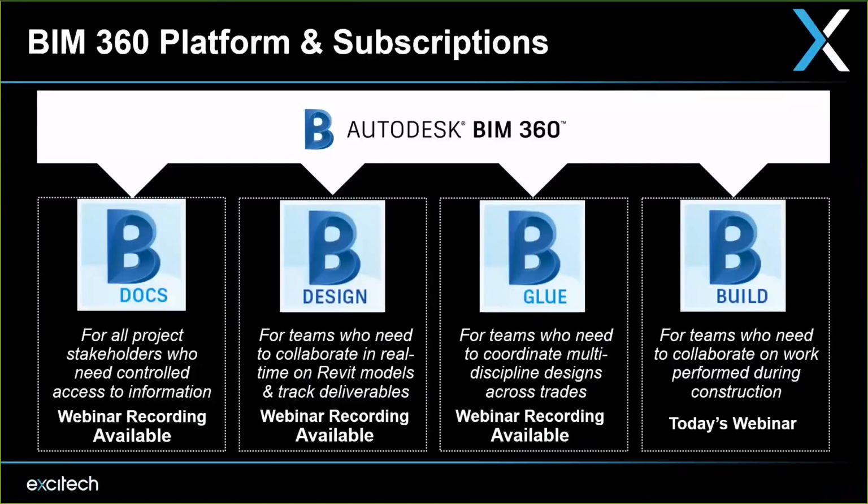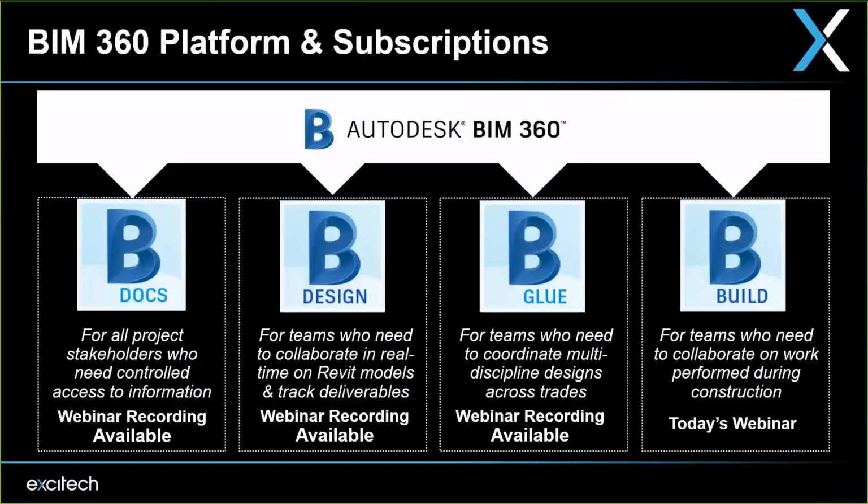Then we've got Design, so that's about tracking your deliverables, looking at that Revit model and getting engaged in sharing content, sharing packages of work that we can actually monitor and record. And then we've got Glue, which, as I said, is about coordinating multiple discipline designs across the trades, but allowing us to actually see the clash detection side of things live.